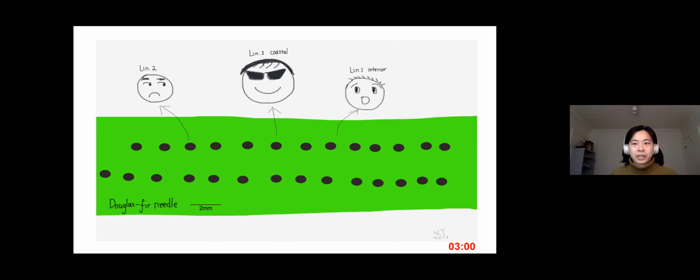loss in the timber industry. So on the drawing, each of the faces represents a distinct genetic lineage, or you can also call it variant, of Swiss needlecast in the Pacific Northwest, namely variant 2, variant 1 coastal, and variant 1 interior. I assume you have heard of the word variants a lot on COVID news lately, right?